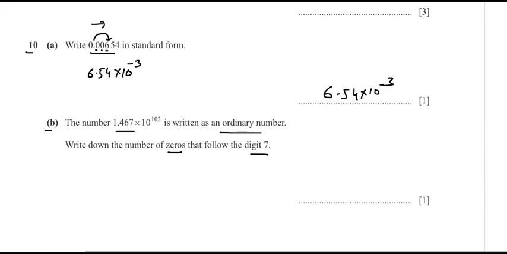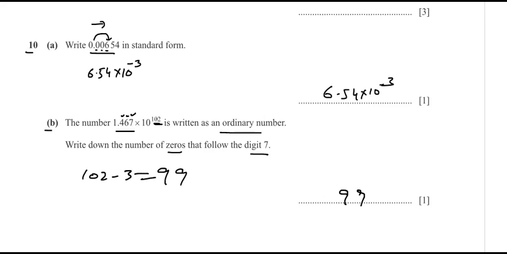If we write in the ordinary form, the power of 10 is 102. What it says is that after the decimal, the total number of digits should be 102. So this is 1, 2, 3. After 7, how many digits will there be? From 102 minus 3, so 99 digits in total.